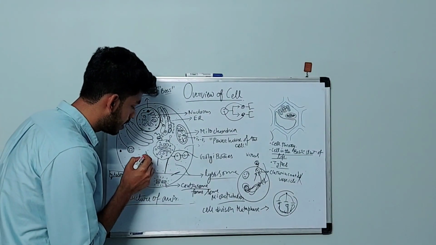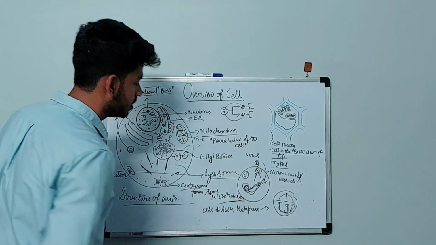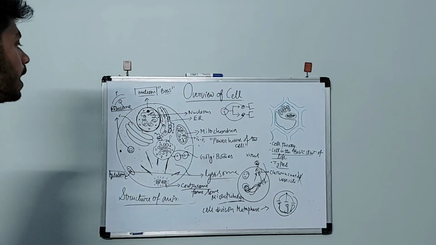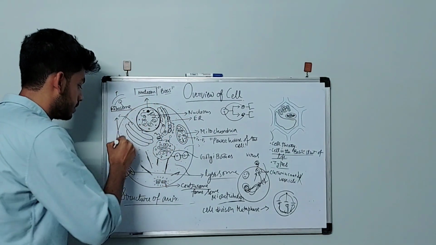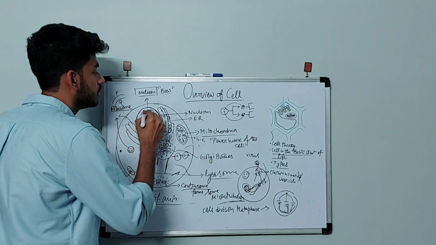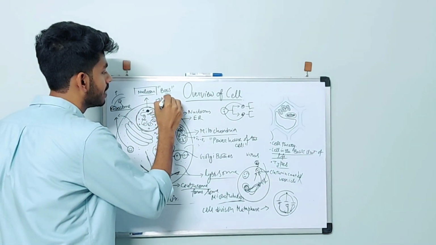These lines I have drawn here are nothing but the microtubules. The outer part of the cell is called the cell membrane.